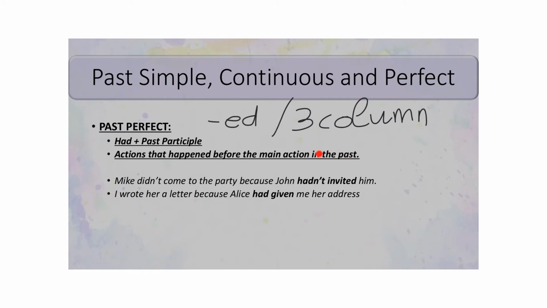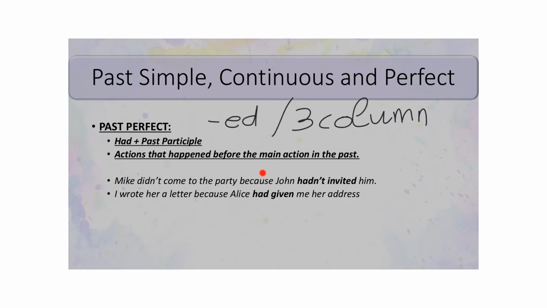What happened before was the verb that we have with the past perfect. So, John didn't invite Mike, and as a result, Mike didn't come to the party. So, the first thing was that John didn't send the invitation, didn't invite him, and then Mike didn't come.